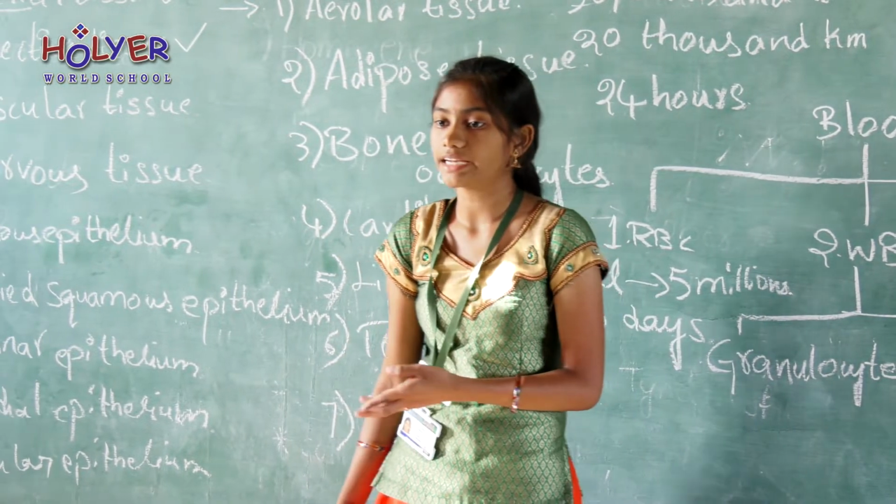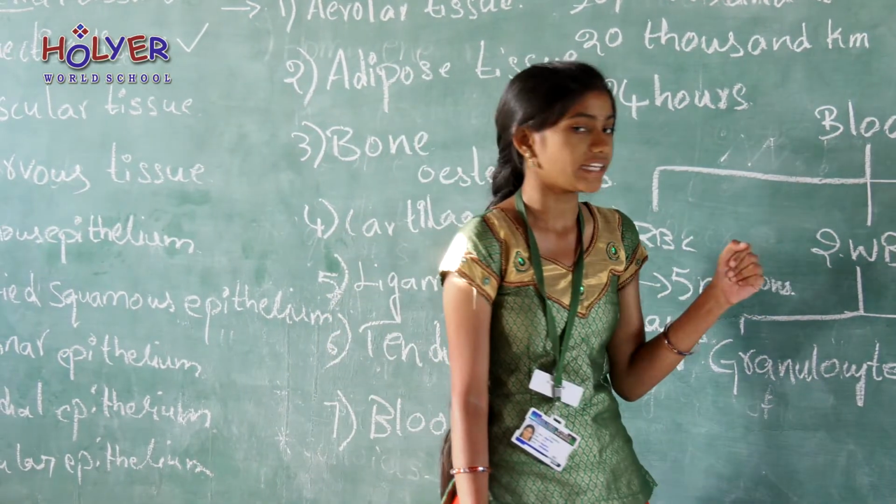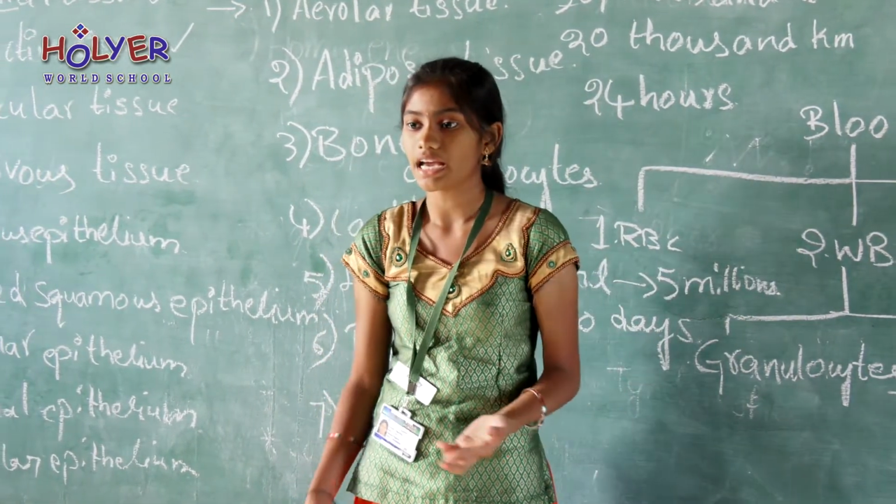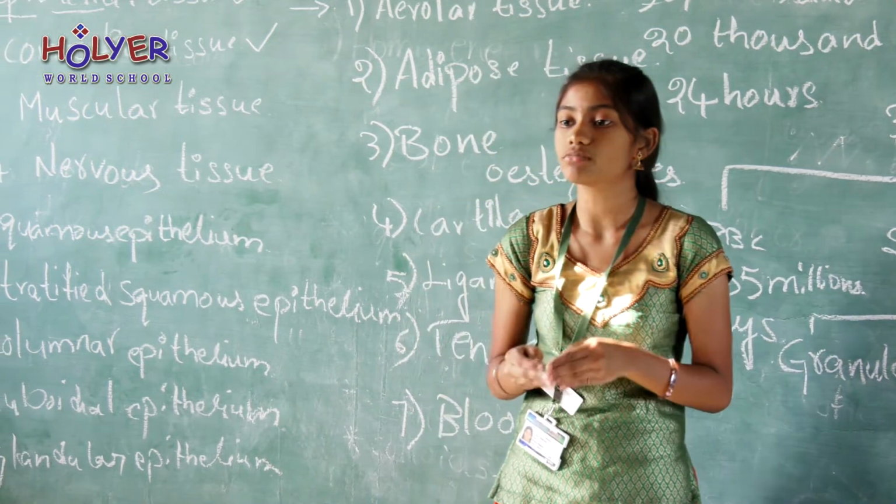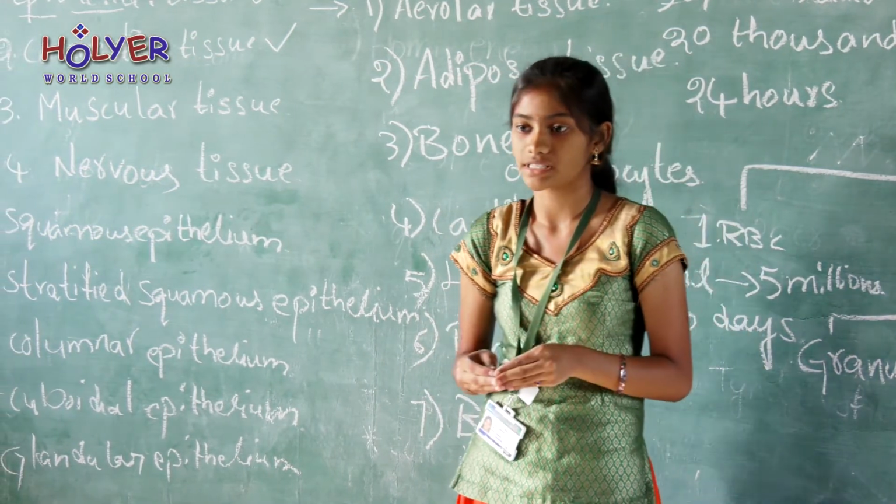When an enemy enters the blood, these WBC fight against this external enemy, and the dead WBC comes out of a wound in the form of pus.